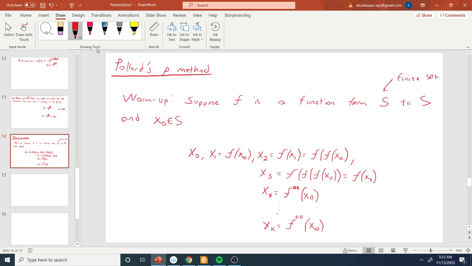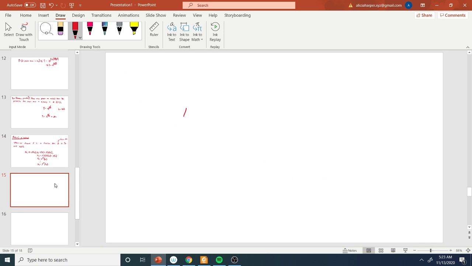Let's try to think what this looks like geometrically. x naught goes to x1, which goes to x2, which goes to something else, and then eventually you get to something like x sub k. Now, S is a finite set.